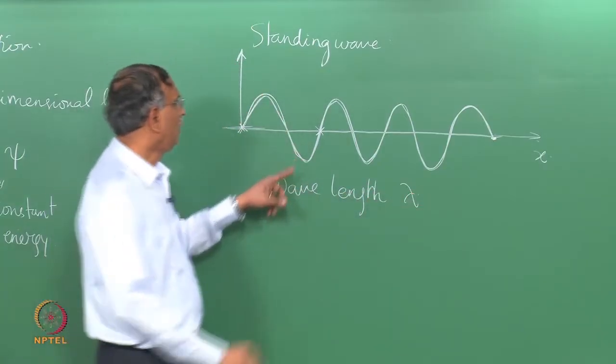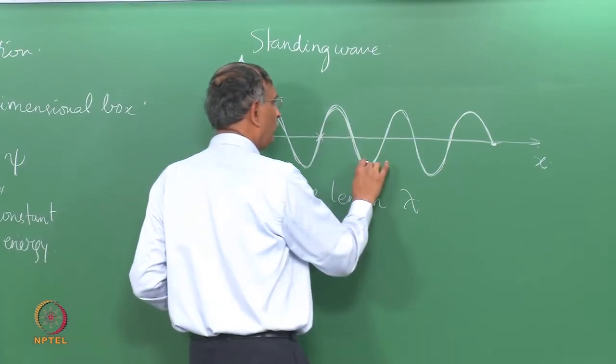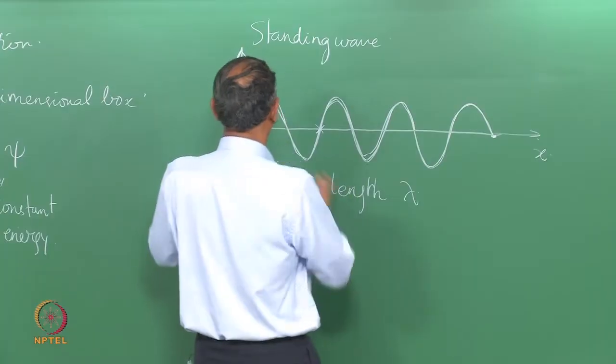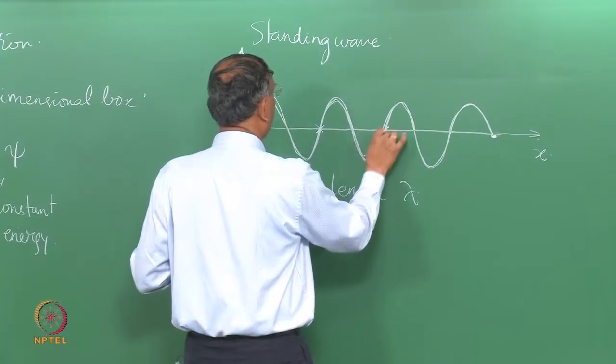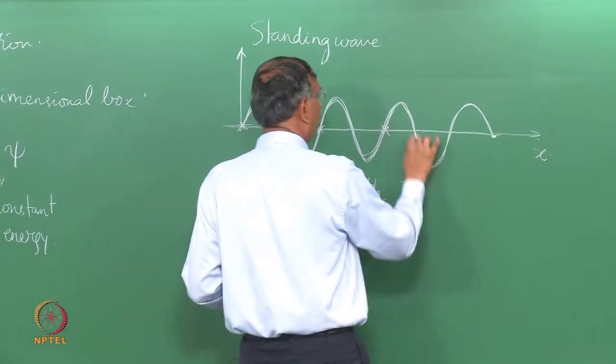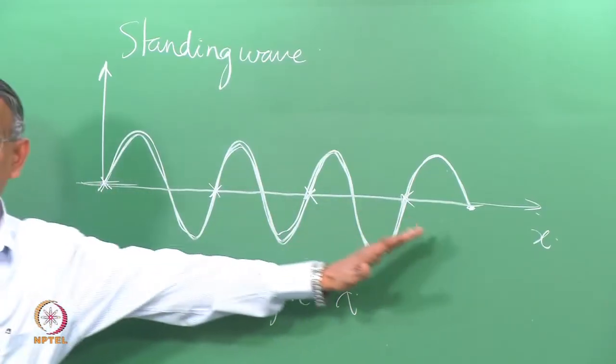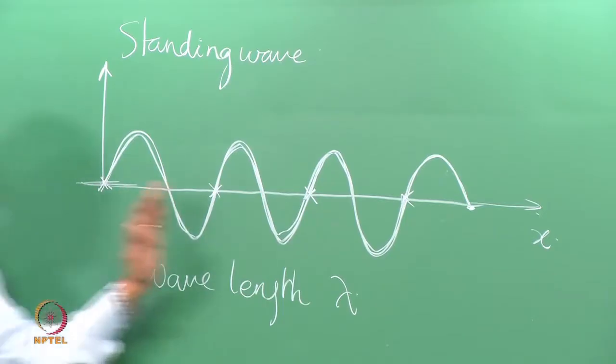And here we have 1, 2, and then you have 3 and 3.5. It has to be either exactly half wavelength or a full wavelength for this to be a standing wave.